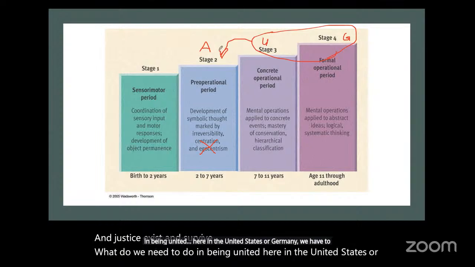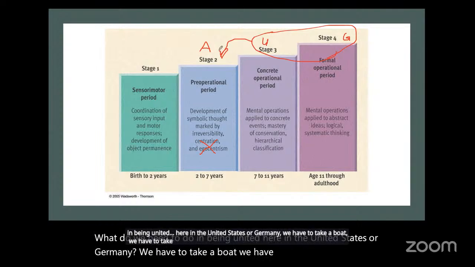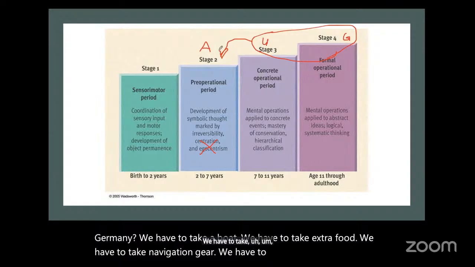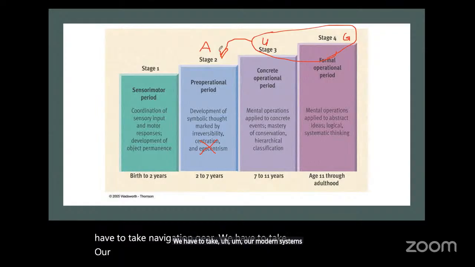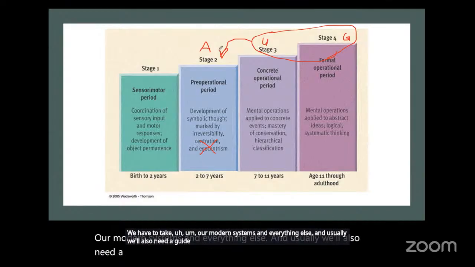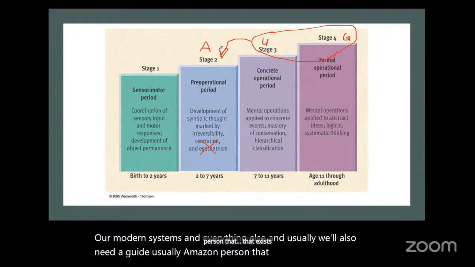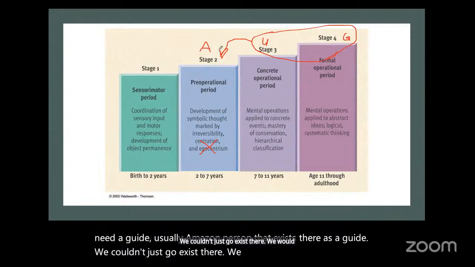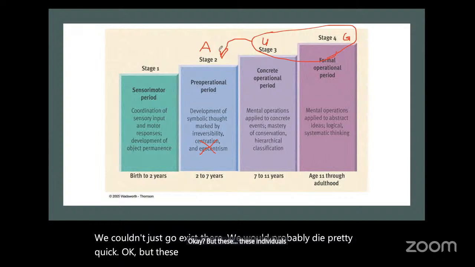We have to take a boat, extra food, navigation gear, our modern systems and everything else. And usually we'll also need a guide, usually an Amazon person that exists there. We couldn't just go exist there. We would probably die pretty quick. But these individuals expertly live there.